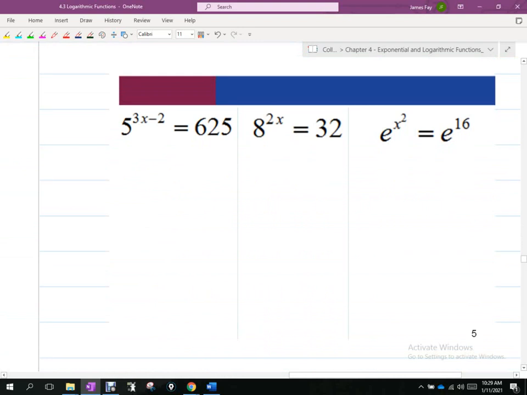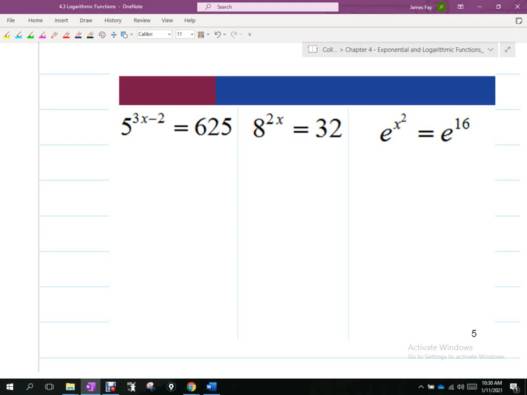Okay. Solving exponential equations, I think it's enjoyable. Once you're able to solve one, you can basically solve all of them. They all work the same way, and it's just like solving any other equation. You're going to first isolate the variable term. A lot of times, especially in the easy situations, that's already done for us.